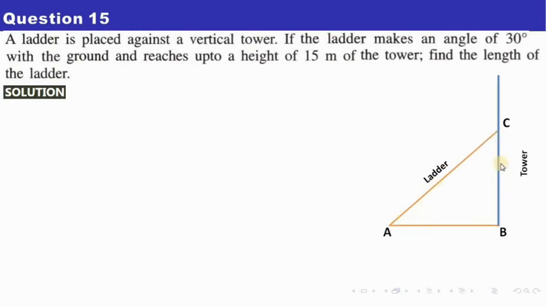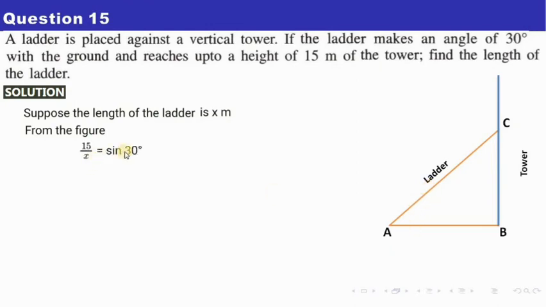Perpendicular and hypotenuse have to be used. Let me take the length of the ladder to be x meter. Then perpendicular by hypotenuse equals sine, so we have sine 30 degree equals perpendicular, that is 15, by hypotenuse, that is the ladder.